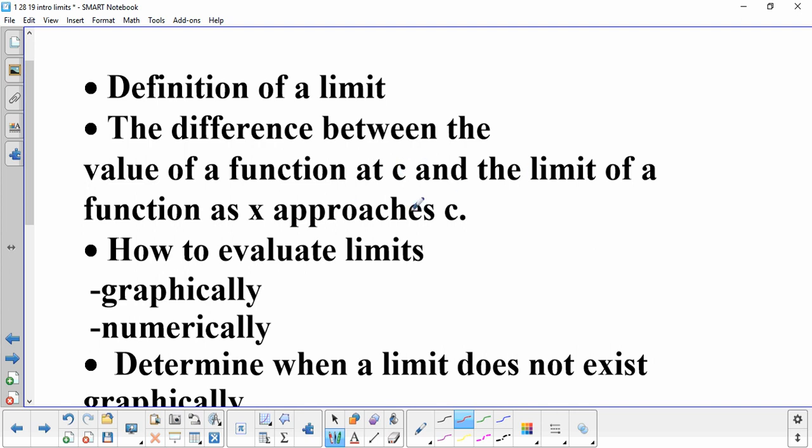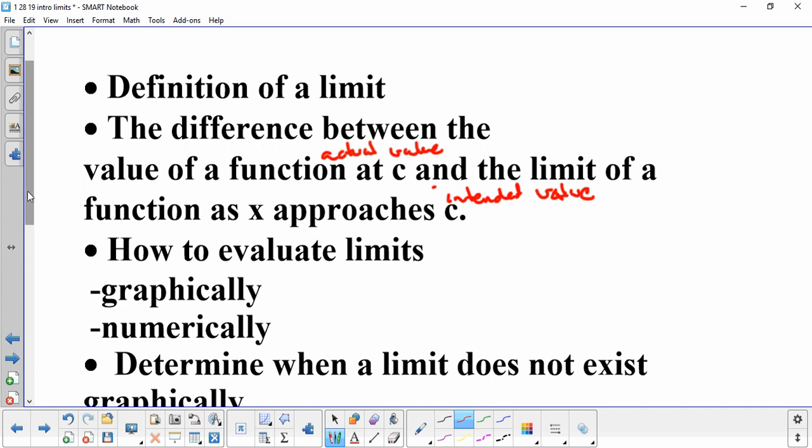A limit is the intended height. So a function is the actual value, and the limit is the intended value, not the actual value. And I'm spelling this very, very poorly. Value. Sorry.